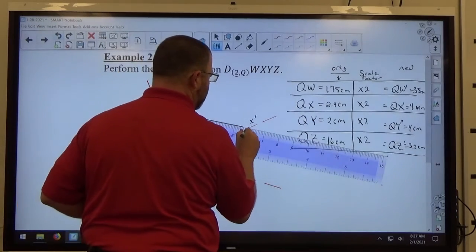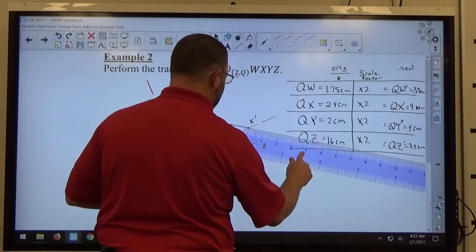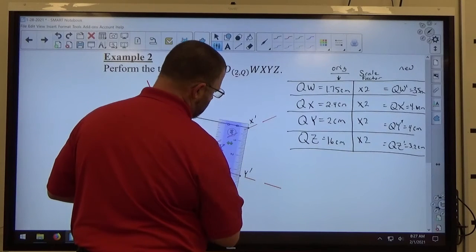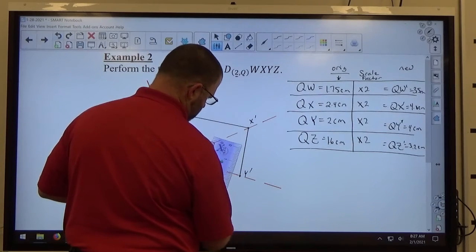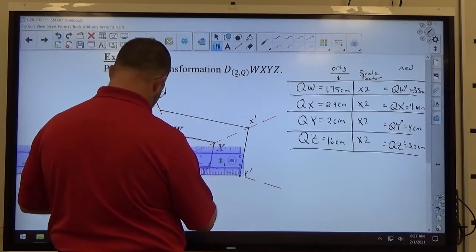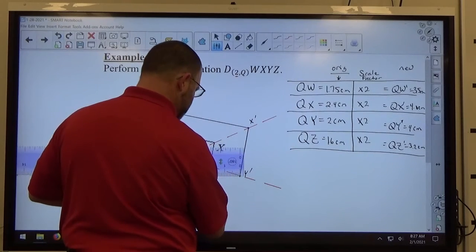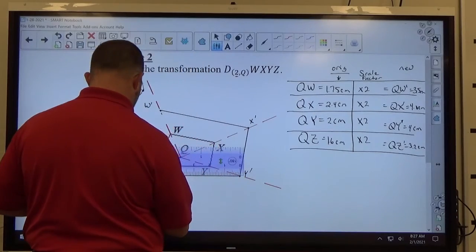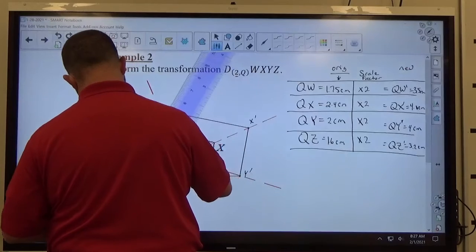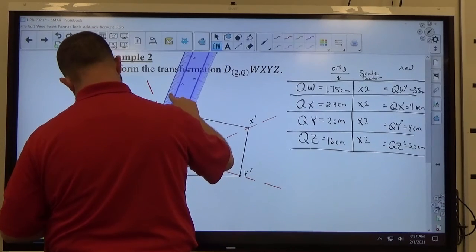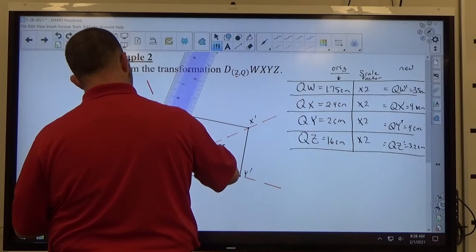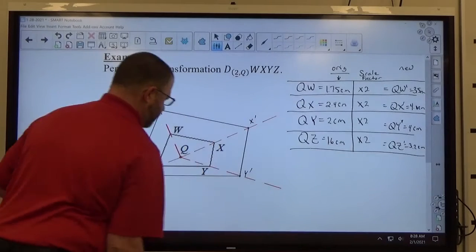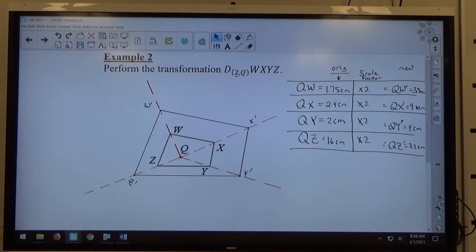As you're doing this, try to be as precise as possible as you position your ruler. Each of these dilations, when you do it properly like this, it kind of looks like it's either going into the picture or out of the picture.